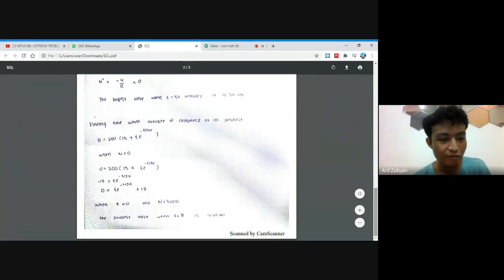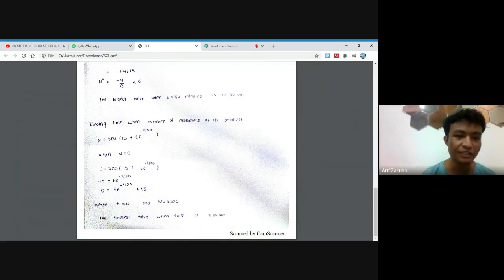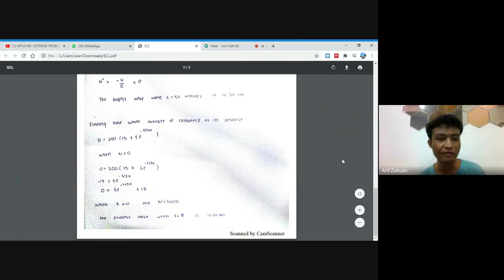So, I will present how we find the minimum number of customers. As we know, from T0 to T50, the graph is increasing. That means if we go from 50 to 0, we should get a minimum value.